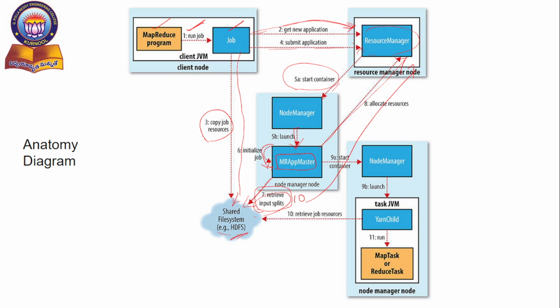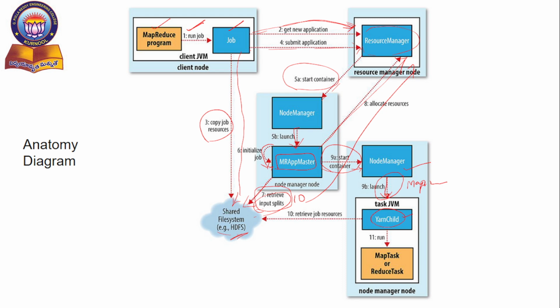Now the resource manager assigns the resources, and the next step is to start a separate container for that particular job. Again the node manager will launch the task. Now this brings the mapper into the picture. In this example we have seen YARN child, which is another process that takes care of the entire MapReduce task.